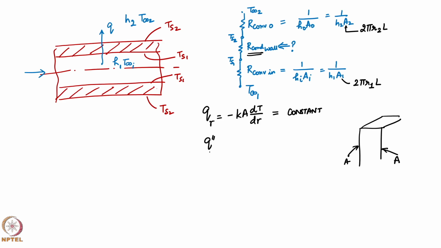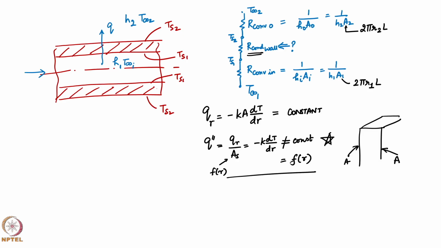Q double prime, which is Qr by surface area, is minus k dT by dr, is not constant, is a function of r, always, because this is a function of r. Very important concept in radial systems. Heat flux is not a constant.